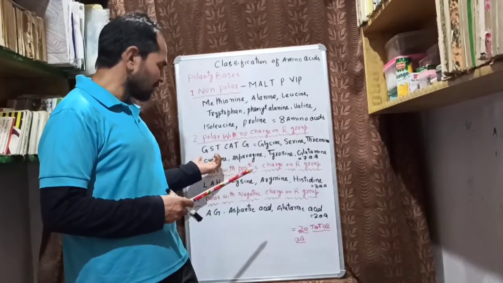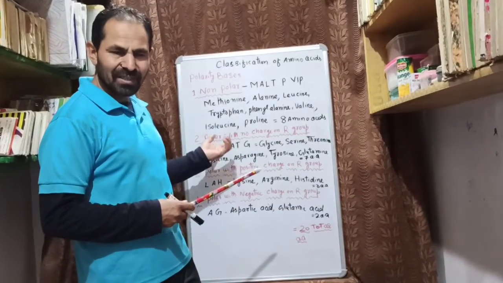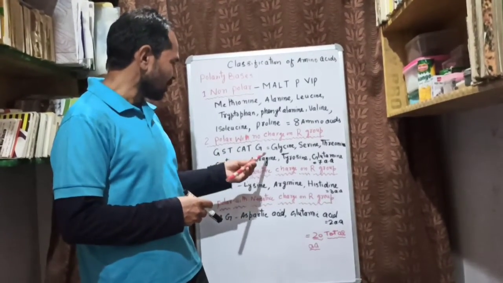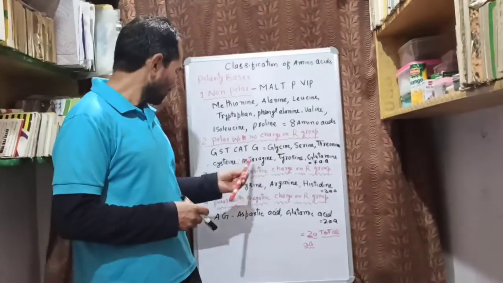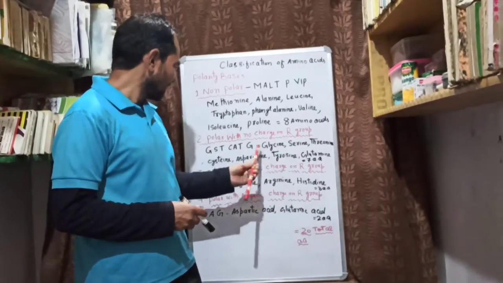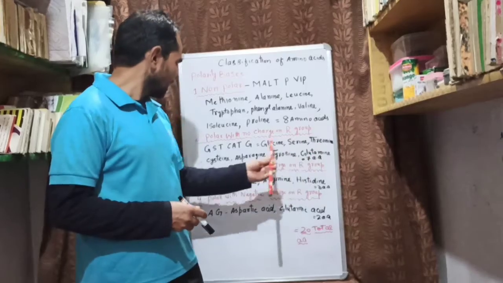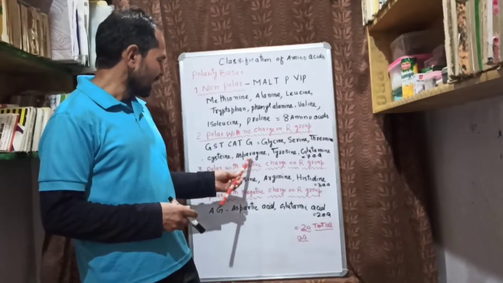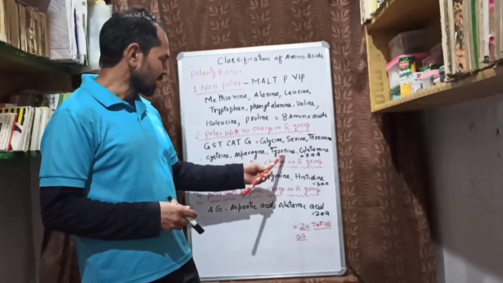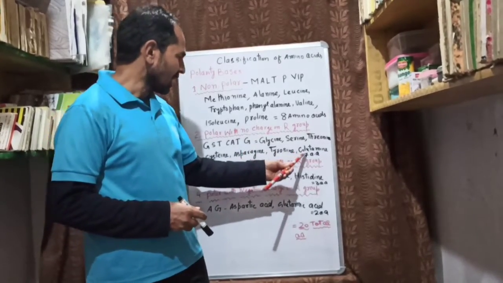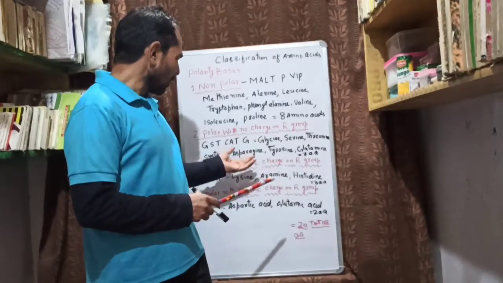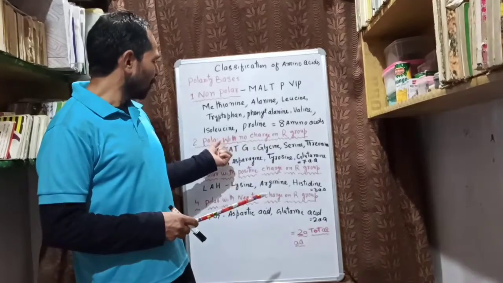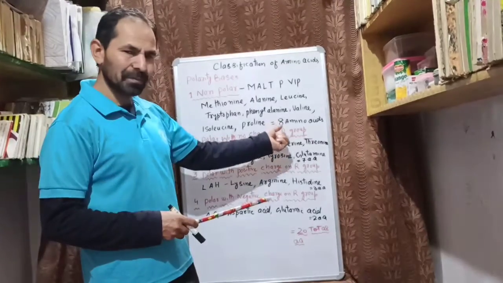If you expand this formula, G stands for glycine, S stands for serine, T stands for threonine, C stands for cysteine, A stands for asparagine, T stands for tyrosine, and G stands for glutamine. So these are 7 amino acids. They fall in the category of polar with no charge on R group.